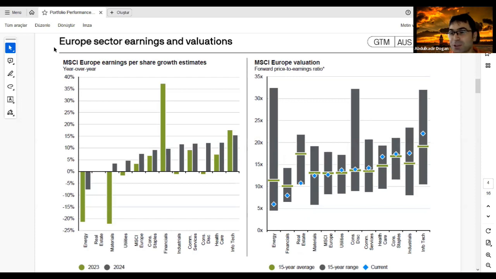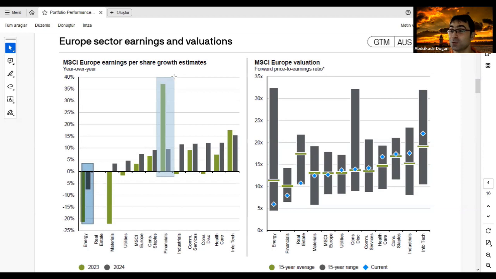Let's change the picture and take a look at not the United States, but European sector earning and valuation. This is the Morgan Stanley Europe earning per share growth estimates. On the left-hand side, you will see again, energy is the worst sector. And as you see, financials are the best sector because of the interest rate increase all around the world.